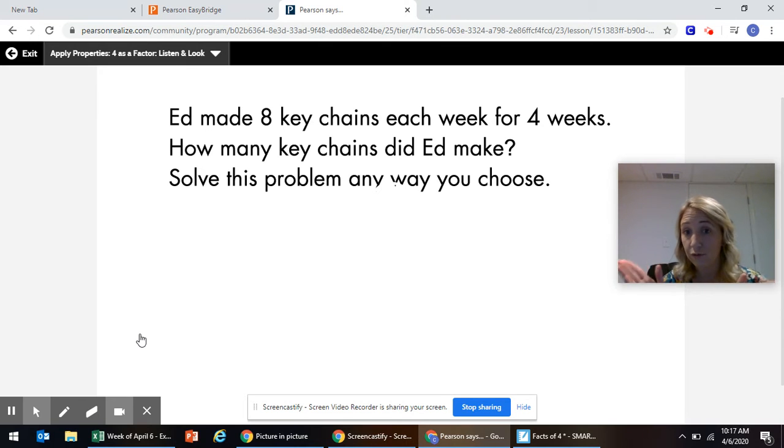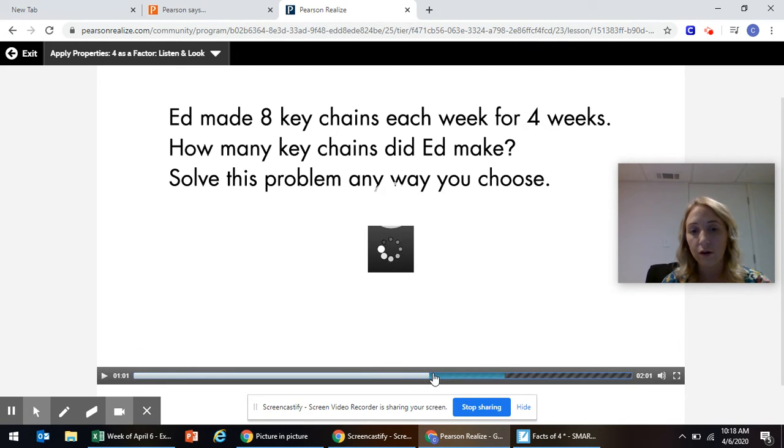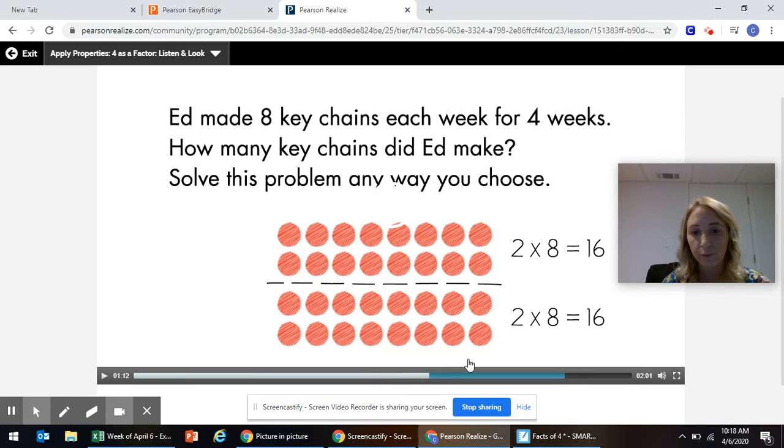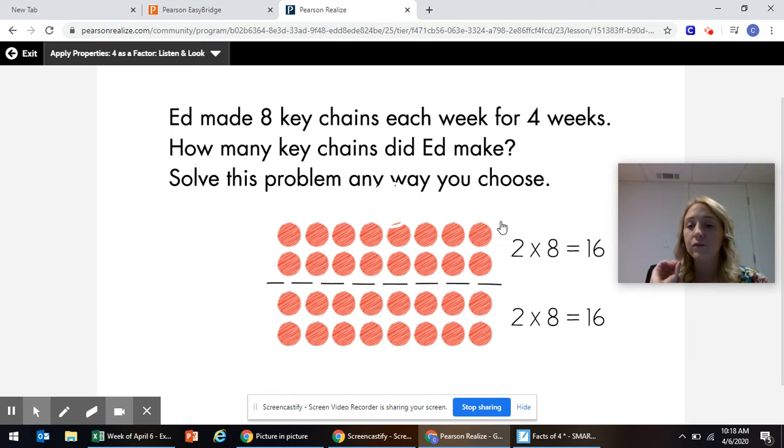Now, what it's asking you to do is basically draw an array first. And you don't have to if you do not need one. But it's saying if you draw the array, just waiting for this to load. You draw the array where you have your 4 rows, 1, 2, 3, 4, and then you put your 8 across. And then you take that 4 and you split it into facts that you know.